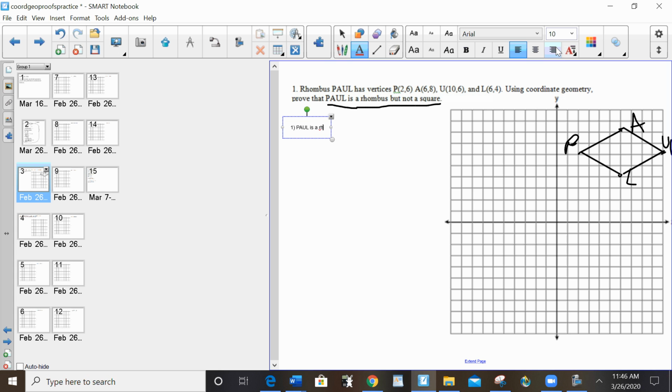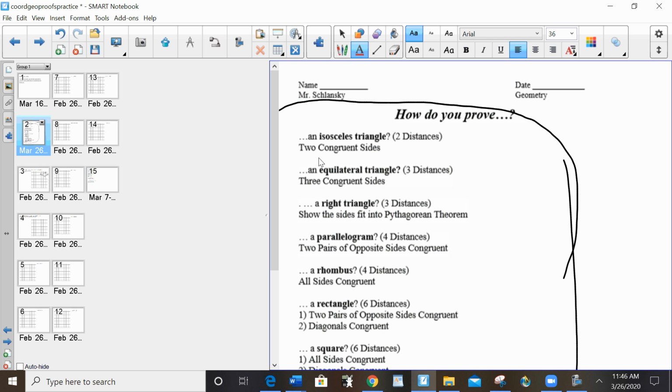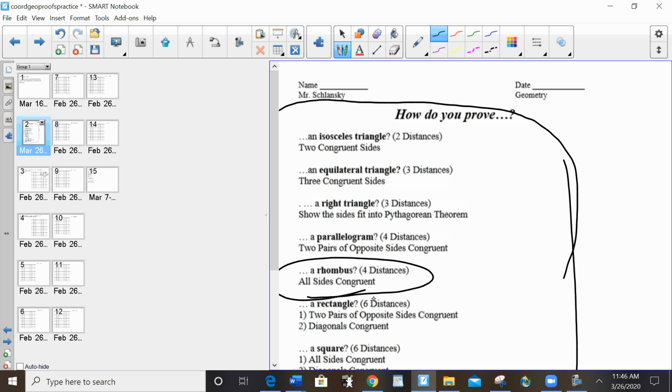PAUL is a rhombus because, and the answer to that is right here, PAUL is a rhombus because all sides are congruent.